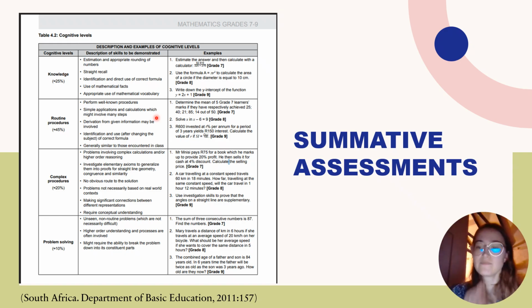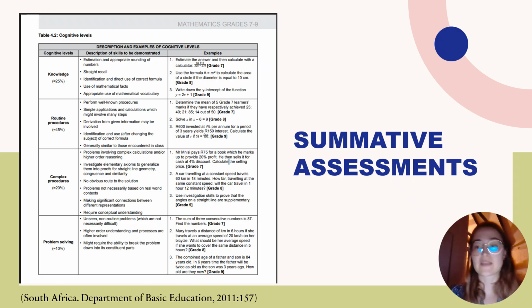Okay? Generally speaking, every learner should be able to get all or most of level 1 and level 2 questions correct. Okay? Knowledge and routine procedures should be something that every learner is able to do. Okay. Therefore, 70% of the test is something that they can do.